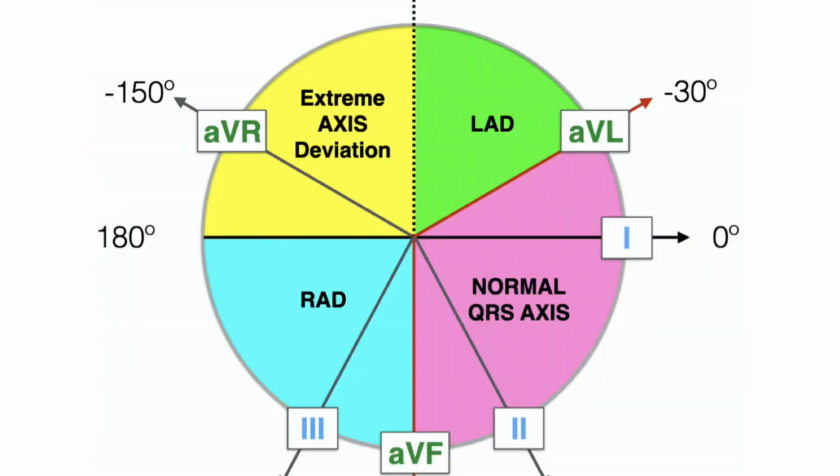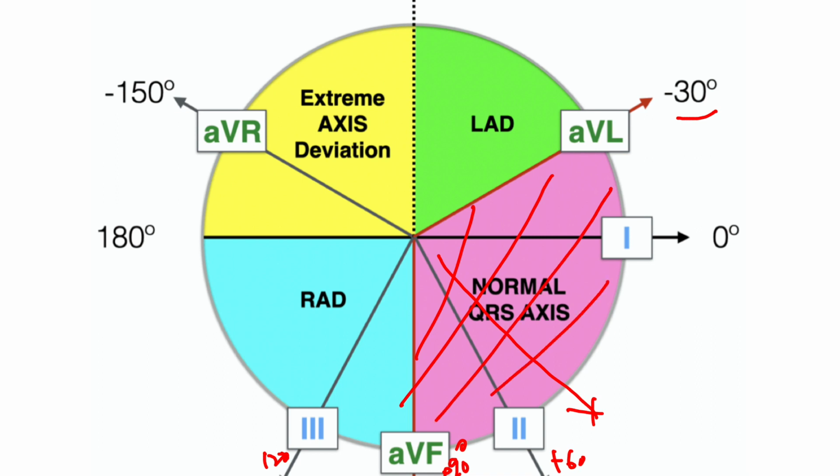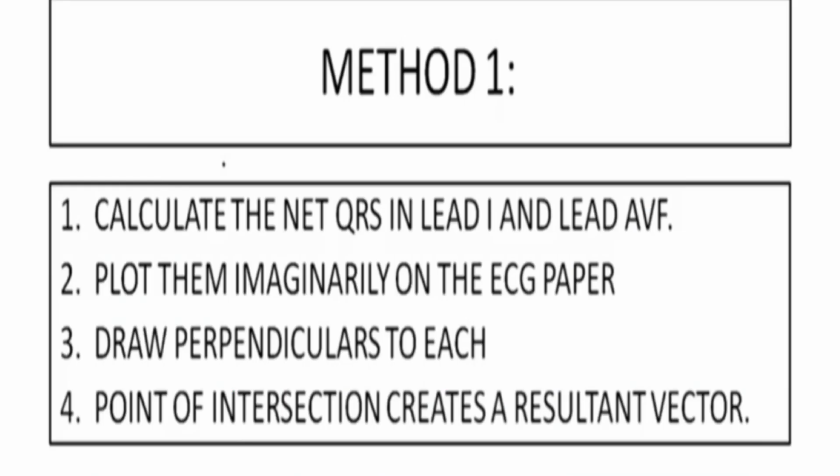So we saw in the previous slide that this quadrant is the normal axis, and I told that normal axis lies between -30 to 90 degrees. This is plus 60 degrees, plus 90, and this is 120. This whole area is covered by the normal axis.